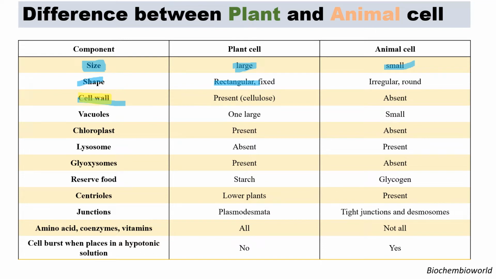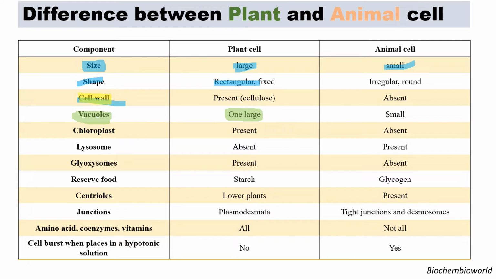Vacuoles are cell organelles which usually store the extra components of a cell. In plant cells, during differentiation, the small vacuoles come together and make up one large vacuole. Whereas this is not the case in the animal cell. They usually have small vacuoles.